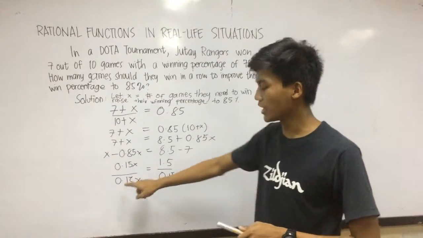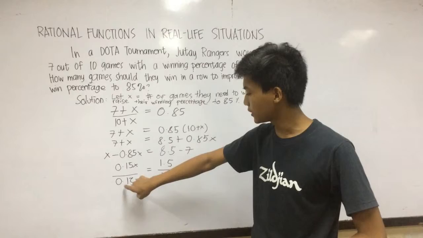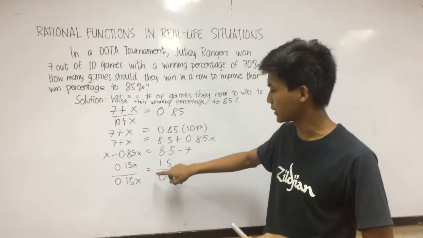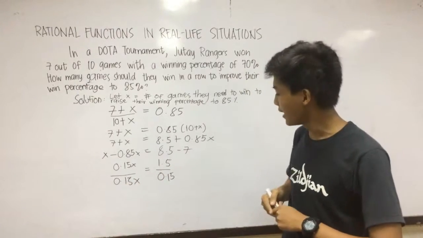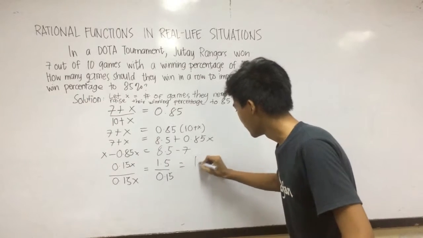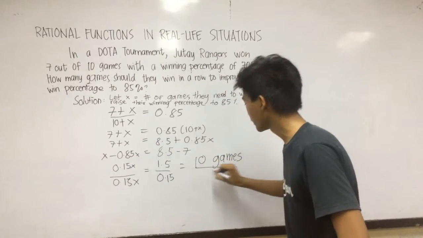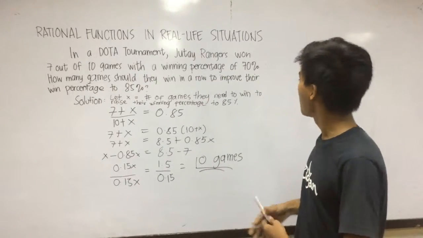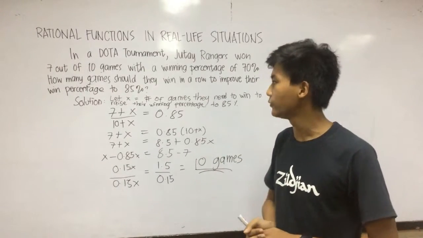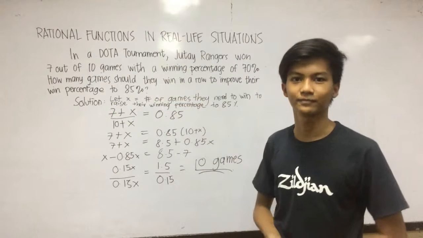So, i-divide nyo lang siya sa 0.15x, and then sa kabila naman 0.15x, and then mag-equal siya sa 10 games. So, 10 games yung kailangan nila para magkaroon sila ng winning percentage, which is 85%.